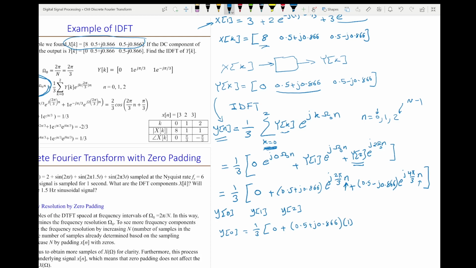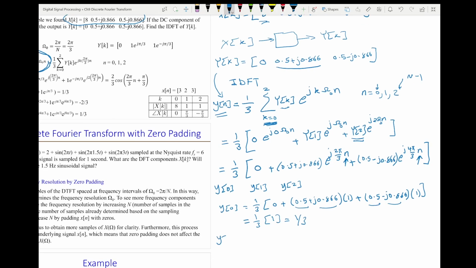E to the power of 0 is 1, plus, again, plug in n equals 0, that will be just 1. And this will be 0.5 plus 0.5 is 1. This will cancel this, so 1/3. If I calculate y1, I go back here again and plug in n equals 1.